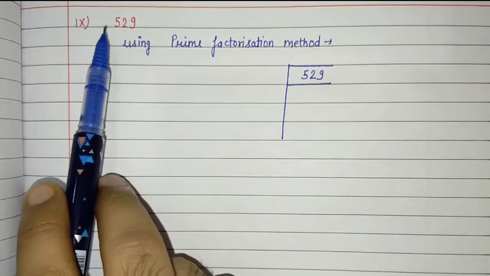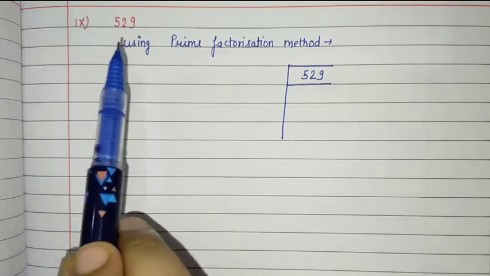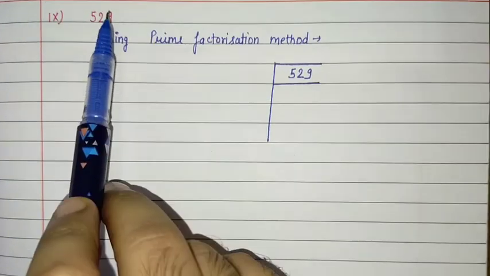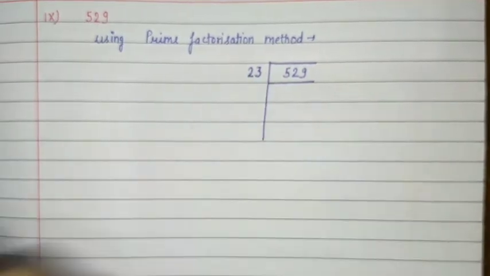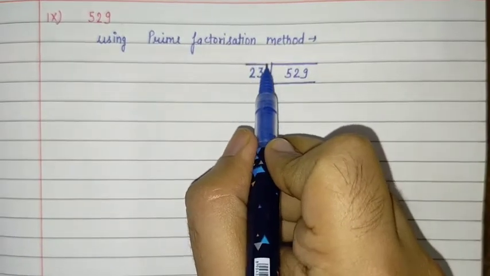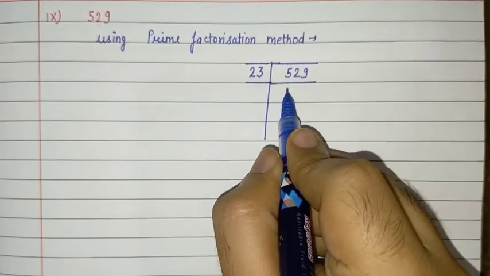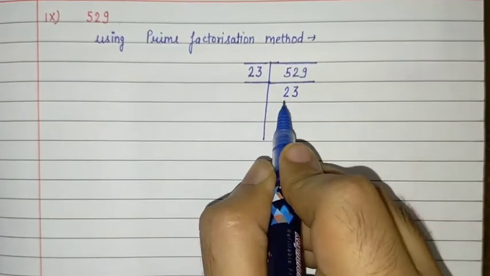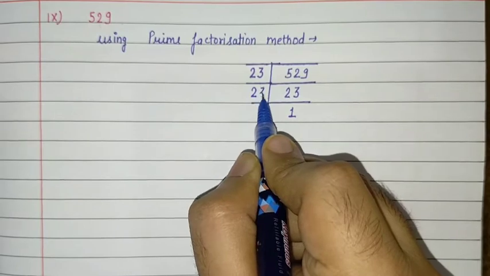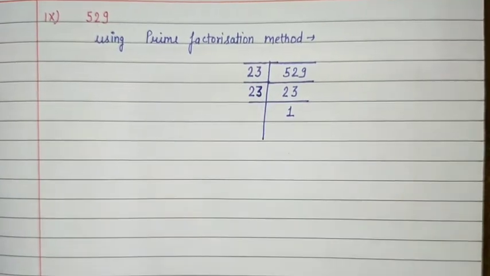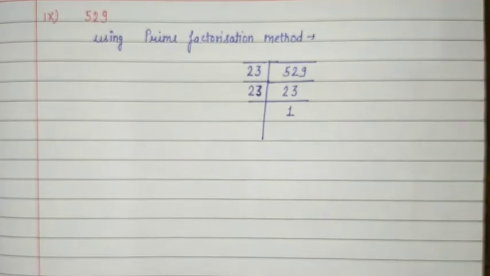Then 13, after that 17, 19. You have to check with each and every prime number. Finally, it is divisible by 23, and you will get 23 because 23 is also a prime number. So again it is divisible by only 23. This is your prime factorization.